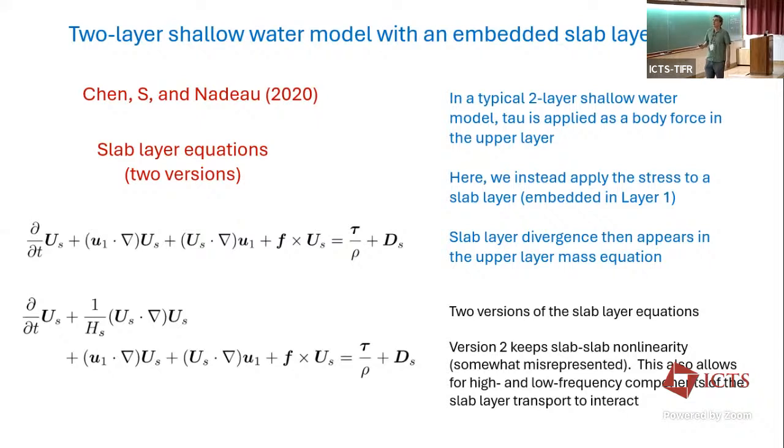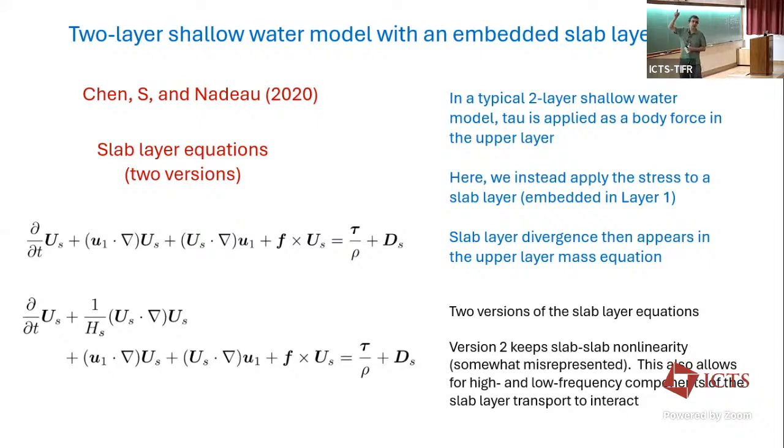And I have two versions of the slab layer, and this is a cheap, misrepresented attempt to get one of the terms that Carson was asking me to put in, U slab dot grad U slab. So I can't really do this, because I can only talk about U slab.